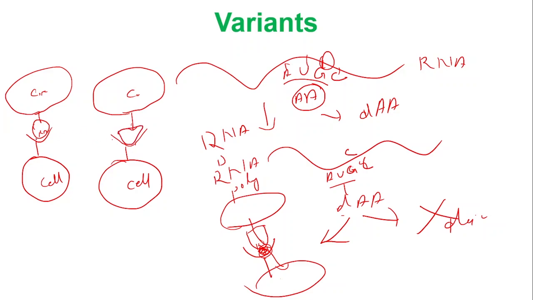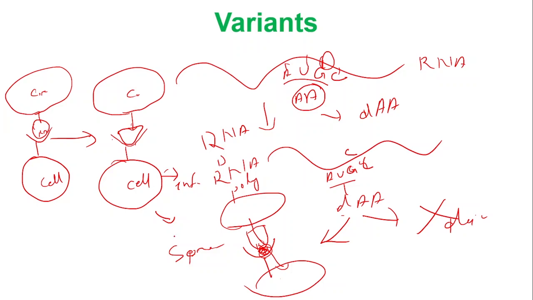You can see the binding will be stronger here than here, so it enters easily into the cell, infects more and spreads more, and this will become more virulent.